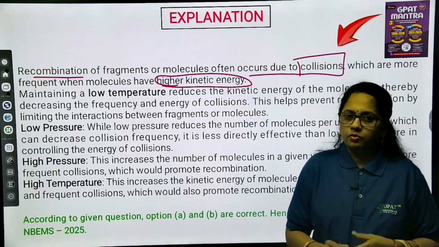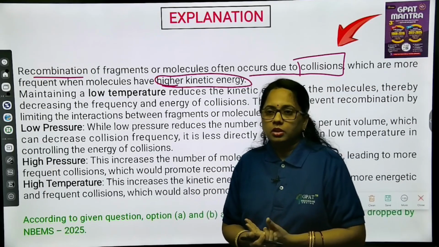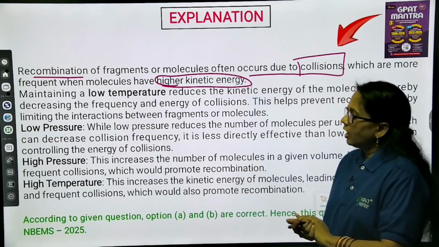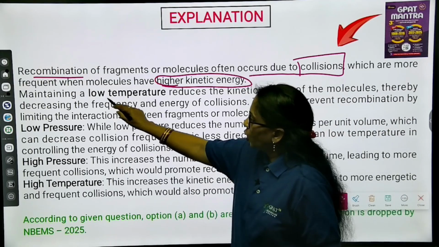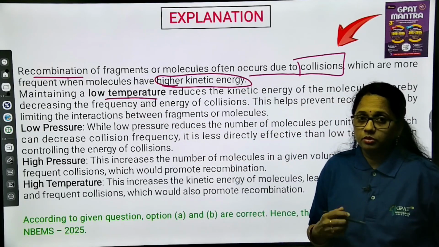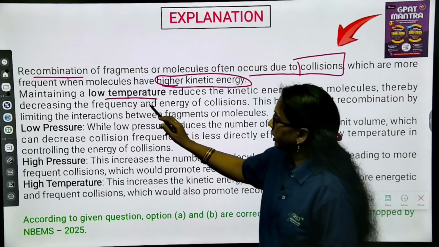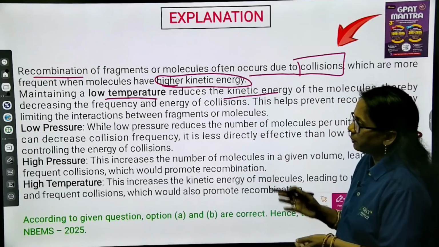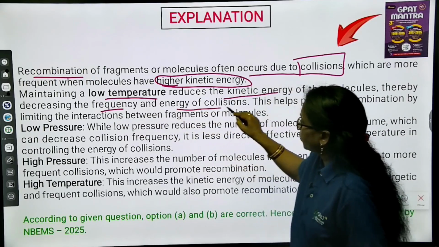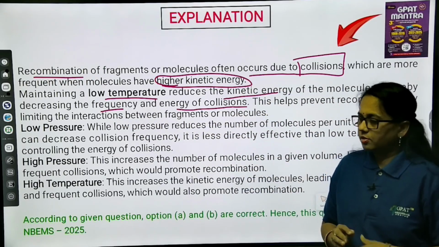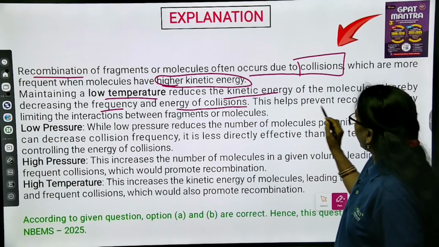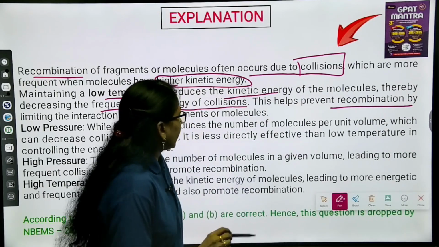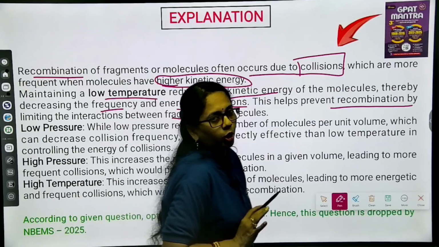Whenever we give more energy to them, the collisions obviously increase. If you maintain a low temperature, the kinetic energy gets reduced, thereby decreasing the frequency and the energy of the collisions. This helps prevent recombination by limiting the interactions between the fragments or molecules.